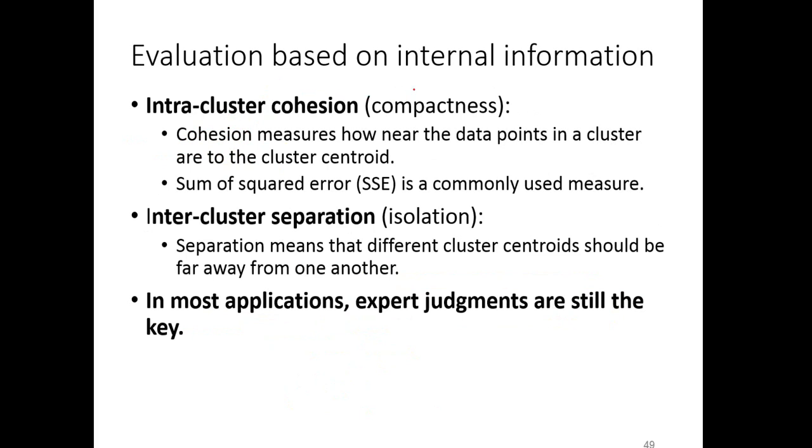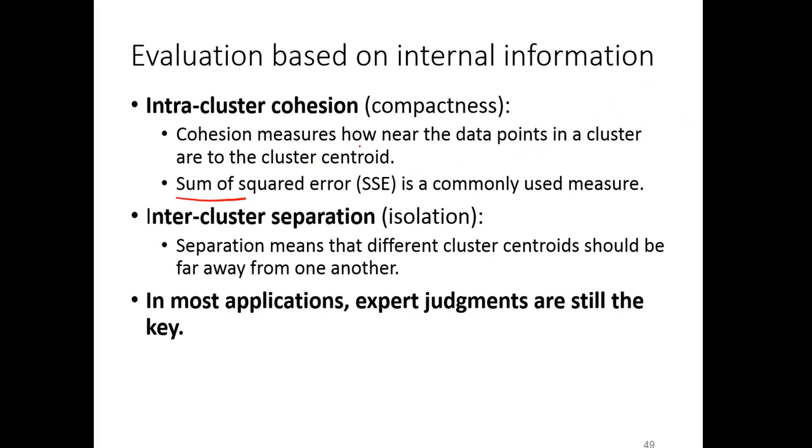Okay, so evaluation can also be done through internal information. Let's say you do not have labeled data available for comparison. So what you can do is look at the sum of the square of error.